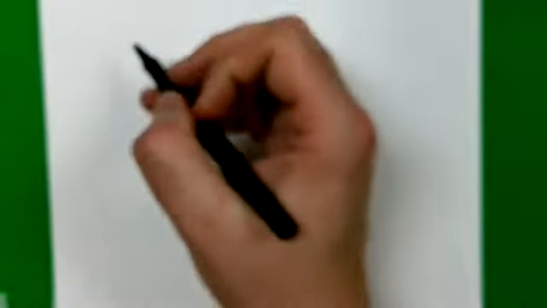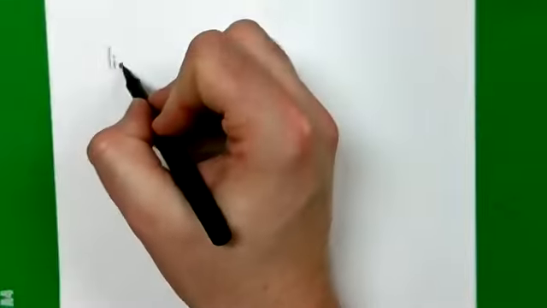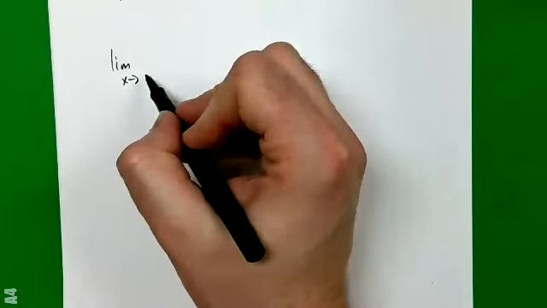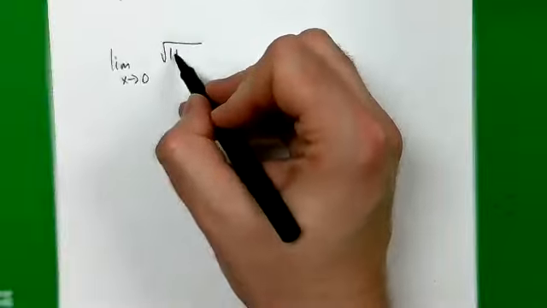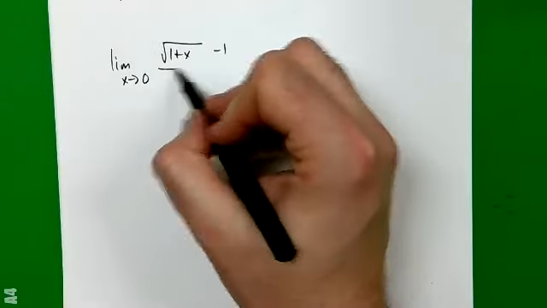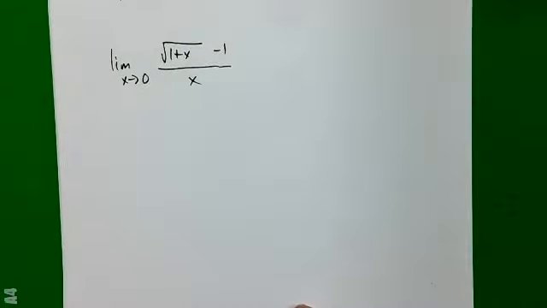Let's do another couple of examples here. What if we take the limit as x approaches 0 of root 1 plus x minus 1 over x? So let's check to see that we're in the right kind of indeterminate form. One of the things that we'll do to trick you with L'Hopital's rule is give you a limit that you could have just done some other way.